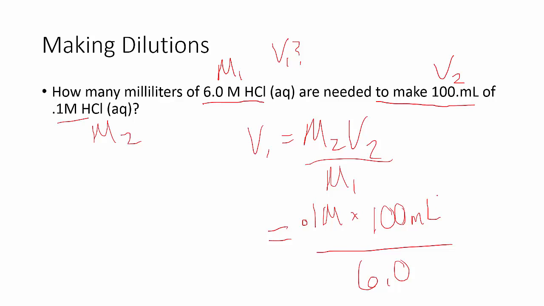I don't have a calculator. I get 1.667, a repeating decimal, so 1.67. The molar cancels out, and I'm left with milliliters. That's kind of impressive. You only need about 1.67 milliliters to make 100 milliliters of 0.1 molar HCl if you're starting with 6 molar.